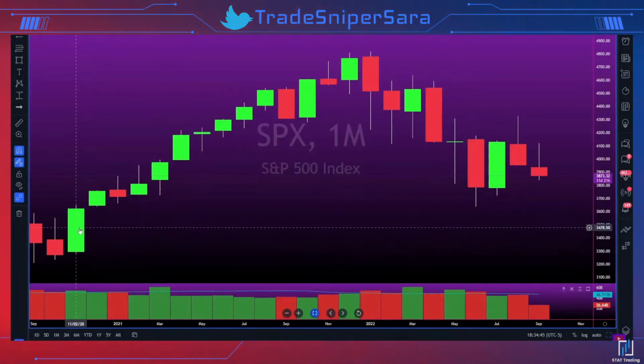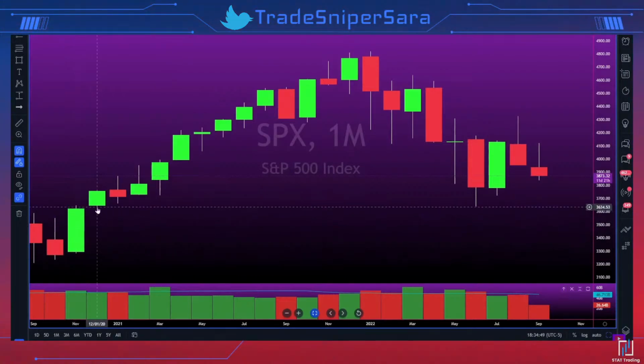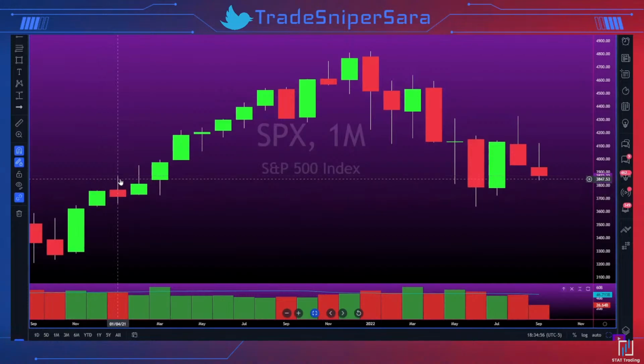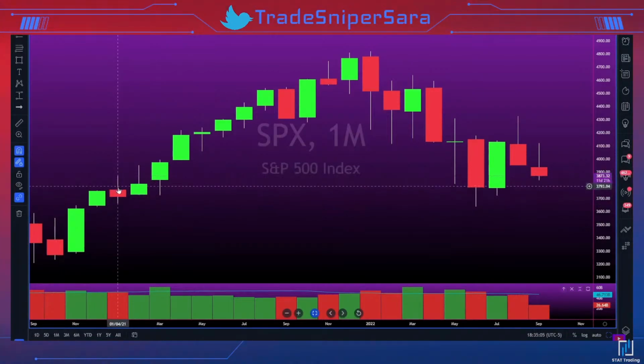You have green, so the bulls are in control this month. Next month, same thing, green, bulls are in control. Following month, red, a red 2 up. So the bulls tried to gain control, but once they fell back below the open, the bears took over.